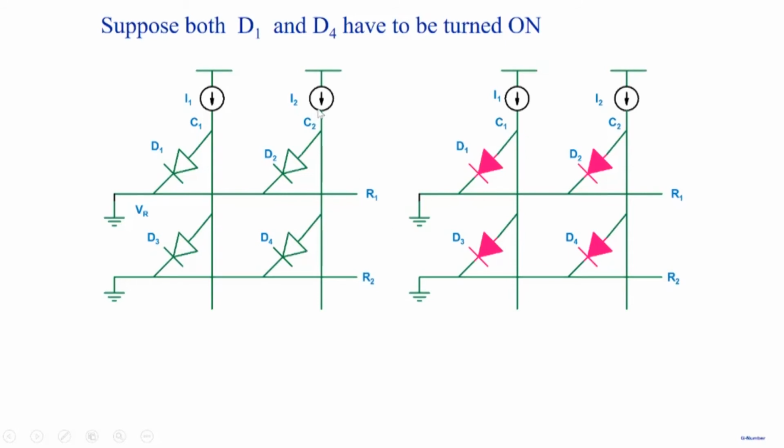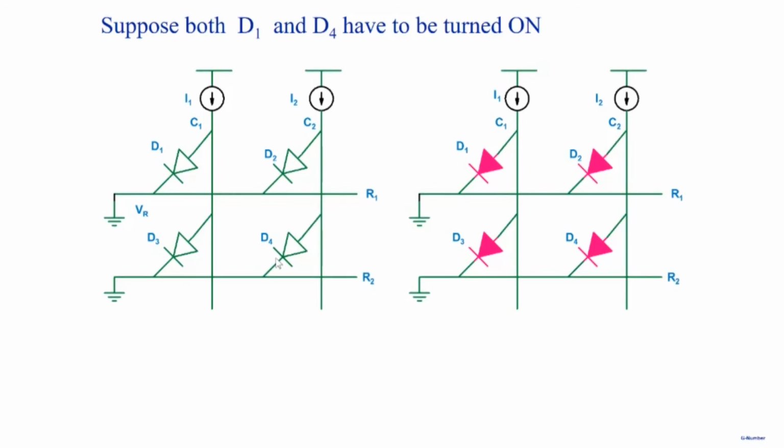And the current which was meant for D4 flows through D2 also, because one terminal is ground, and why should this current only flow through D4? It should flow through D2. Note that all LEDs are the same. They're all identical, right? So the current would flow here. So you wanted D1 and D4 to be on, but then you get all 4 LEDs on and you don't get the image that you want here, right? All 4 LEDs on instead of only D1 and D4 on.